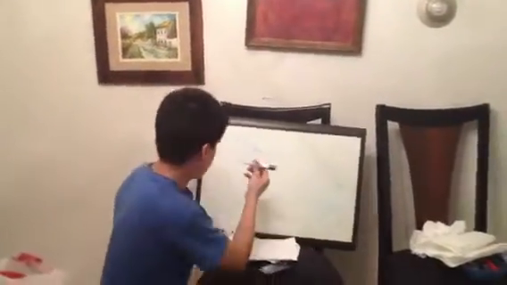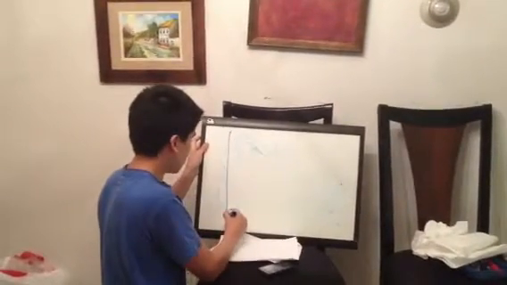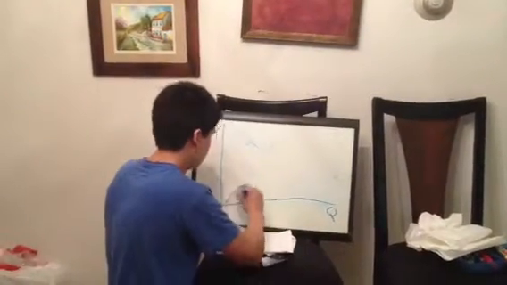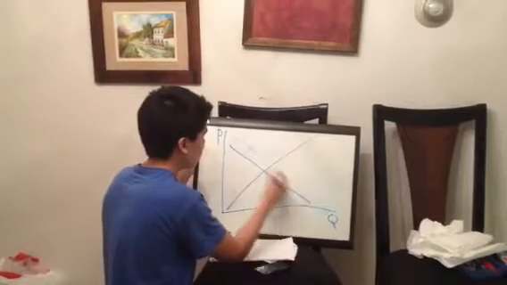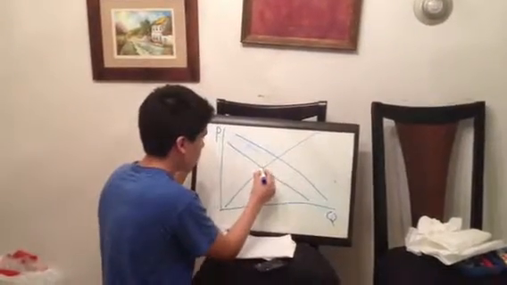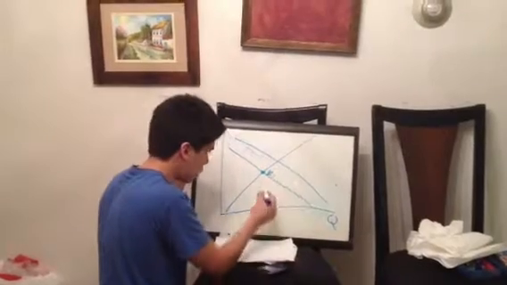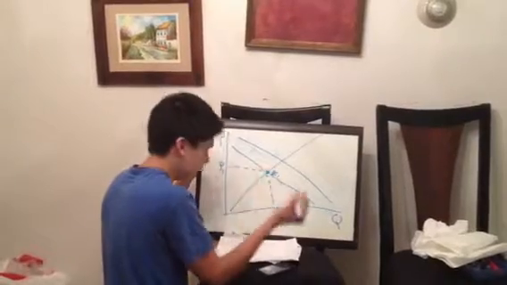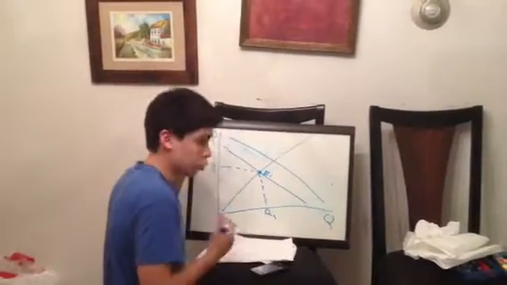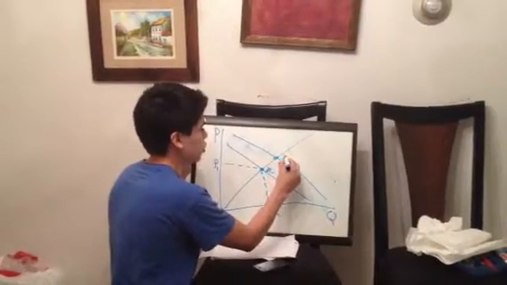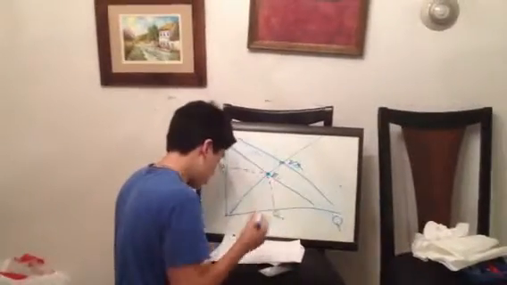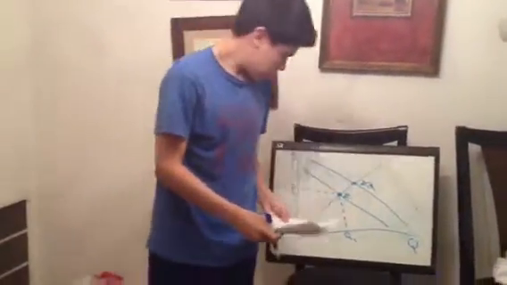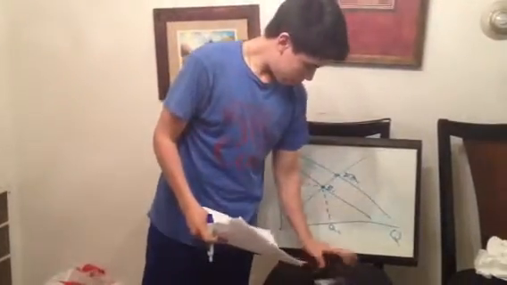Right, so P, Q, right, so it would start off here at S1, Q1, this would be P1, and the equilibrium point changes to E2 up here. And this is the technological change. And moving on.